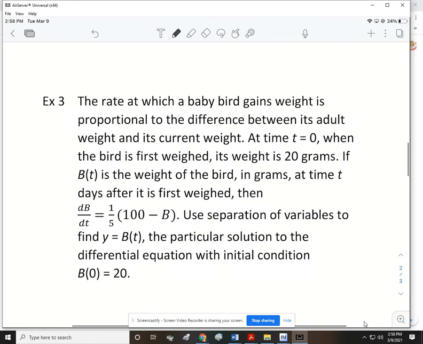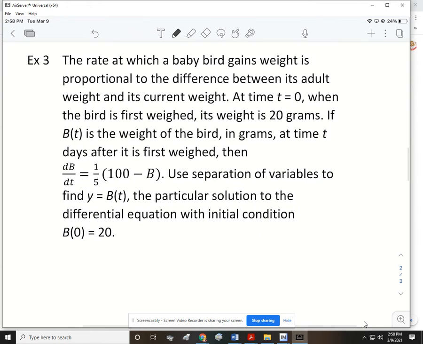And then on this last one, the rate at which a baby bird gains weight is proportional to the difference between its adult weight and its current weight. At time t equals 0, when the bird is first weighed, its weight is 20 grams.